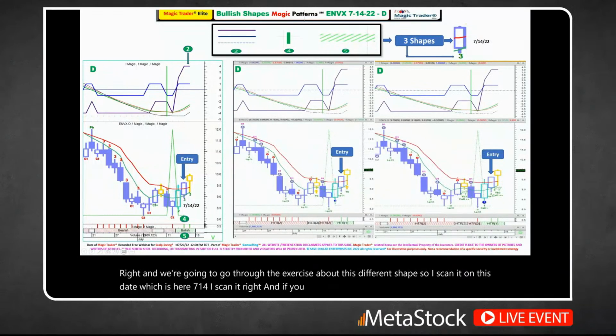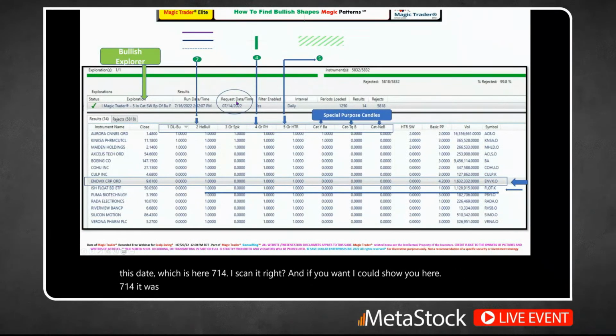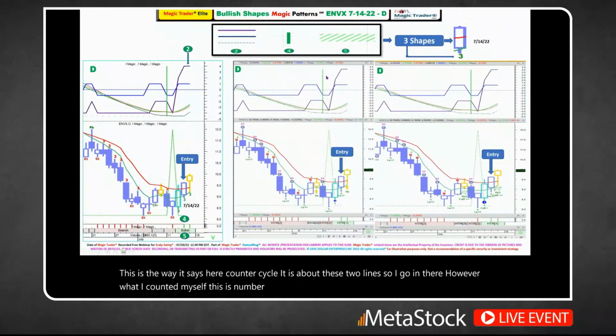Look, 7/14, it was scanned, right? And this is the way it says here, counter cycle. It is about these two lines, so I go in there. However, what I counted myself: number one is on the left hand side, which is okay.